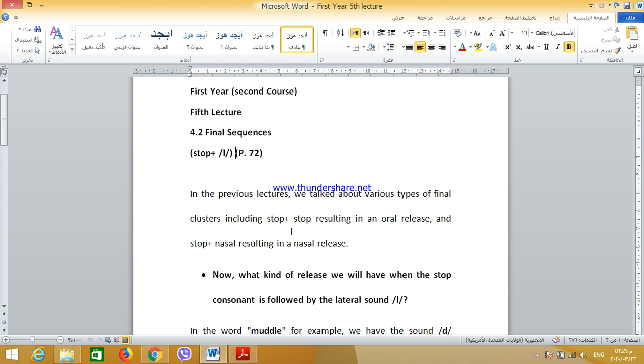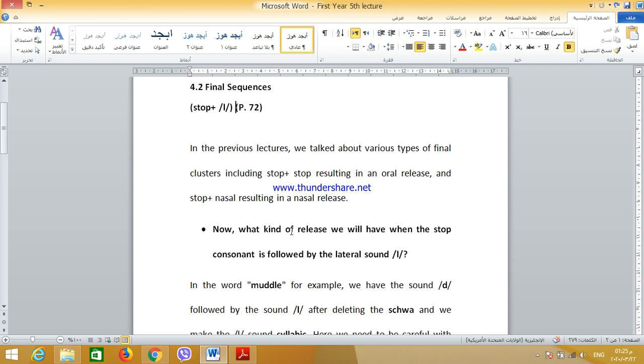Actually, in the previous lectures, we've been talking about various types of final clusters, including stop plus stop, with its two types, like the word kept, in which we have p, which is a stop, followed by t, which is a stop, and each one of the stop sounds is produced in a different place.